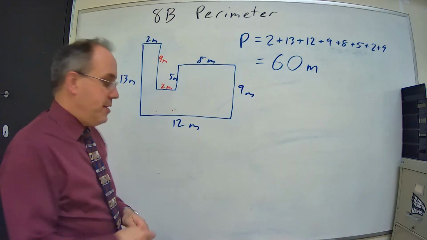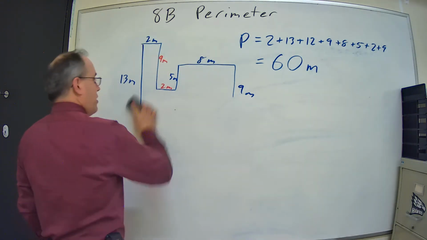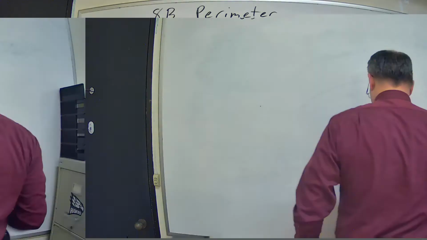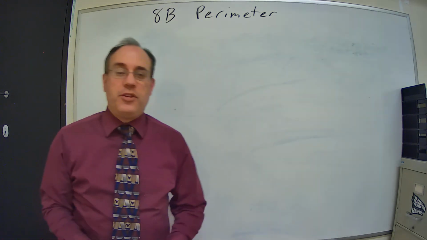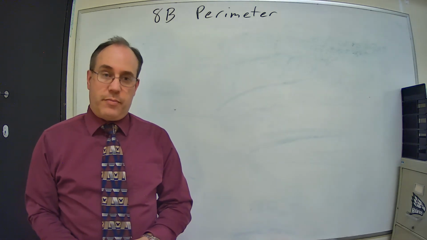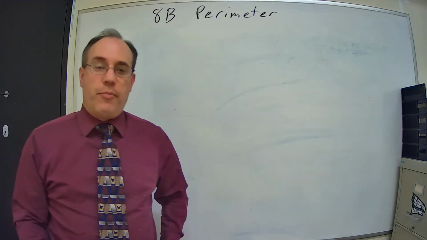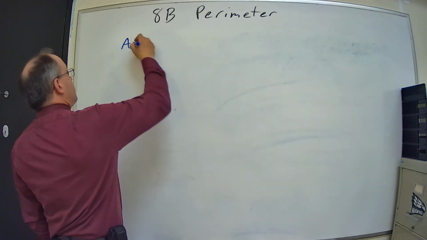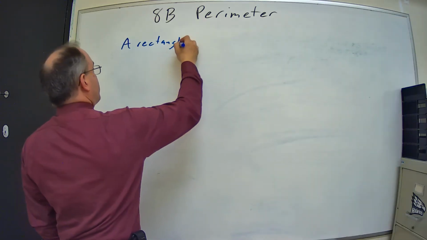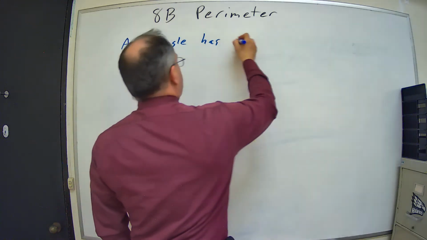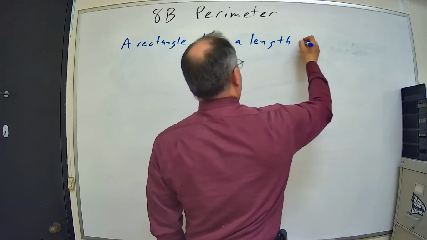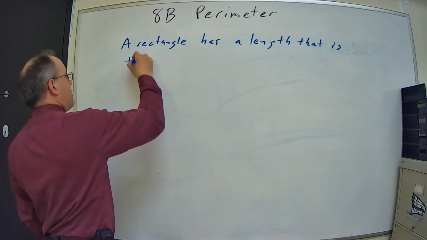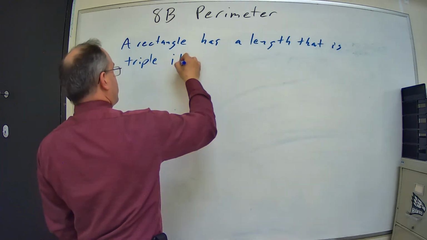Now the last thing we want to do with this is look at it algebraically. I know that word hurts your ears. Algebraically means we're going to put some variables in and create a formula from that. A rectangle has a length that is triple its width.